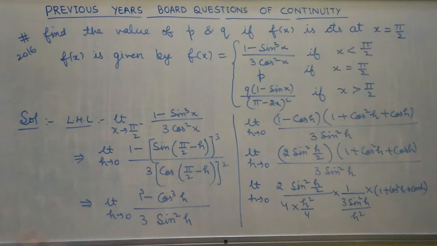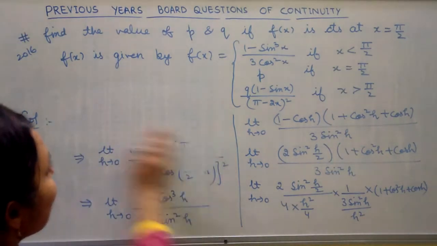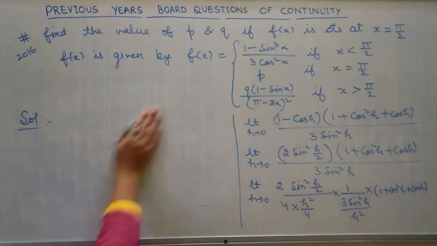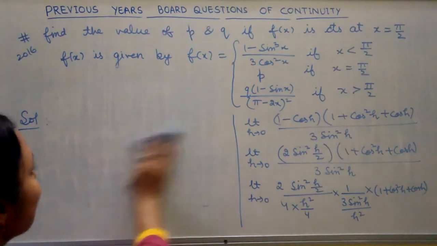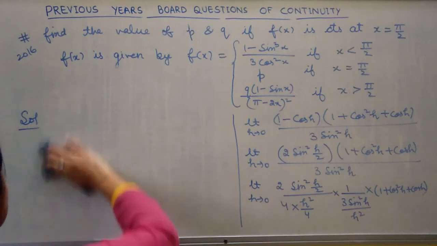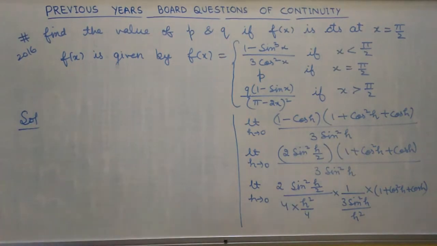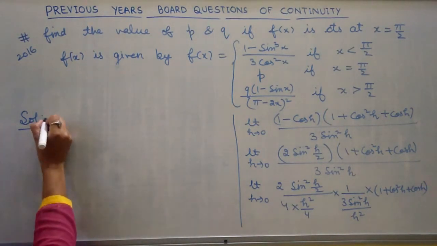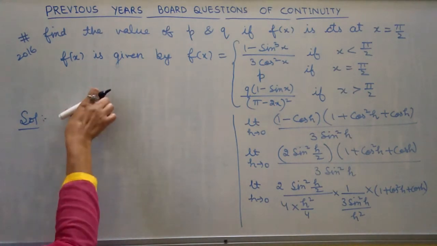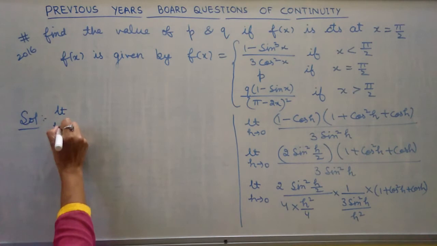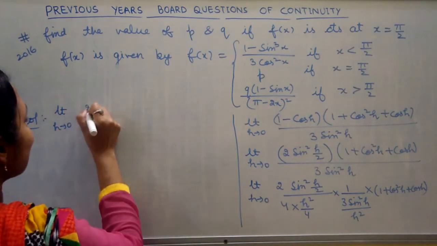In the next step you have to solve it. The very easy step is, next is a very easy step. What is the next step? Take the limit first of all. Limit h approaches to 0, 2 by 4.